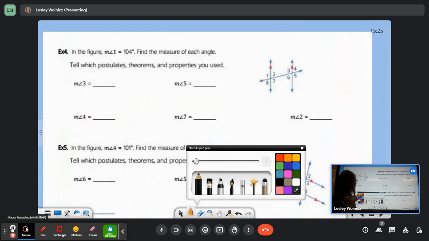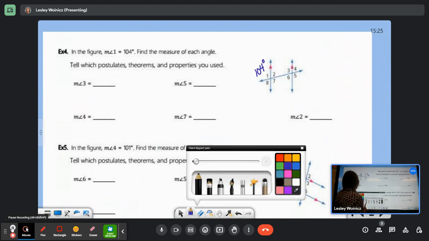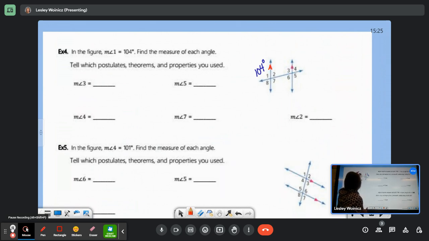All right, in our figure, the measure of angle 1 is 104 degrees. What do these little arrows on our lines tell us? Yes, they're parallel. So that means that all of our postulates and theorems about congruent and supplementary angles will apply. So what is the measure of angle 3?